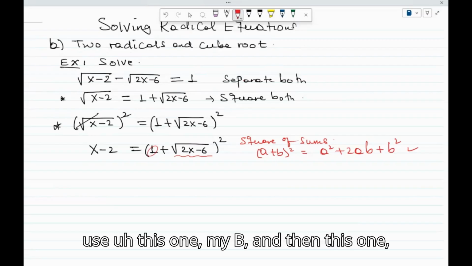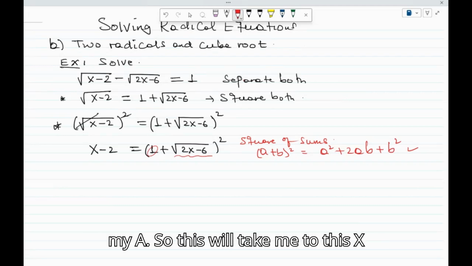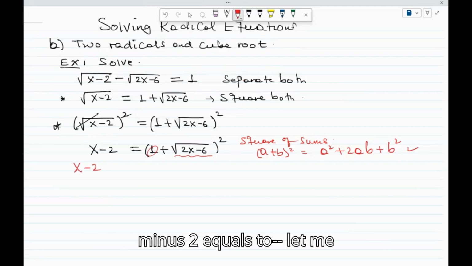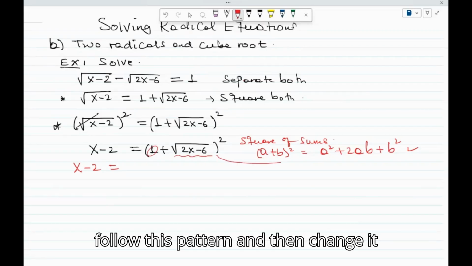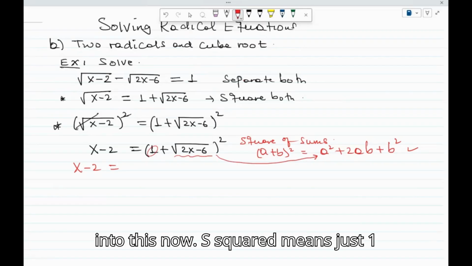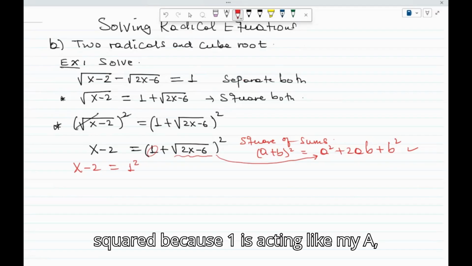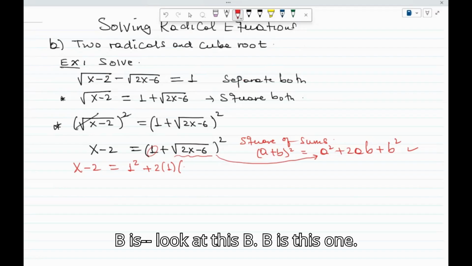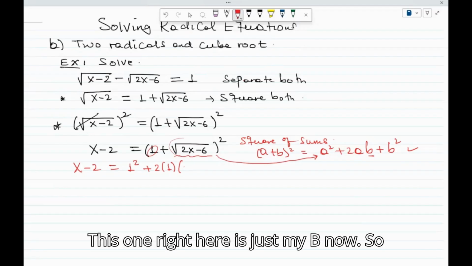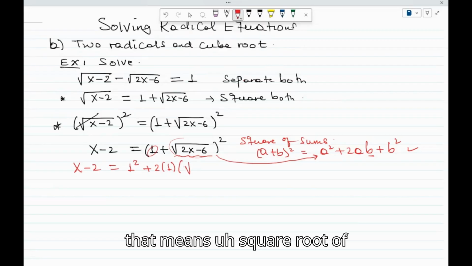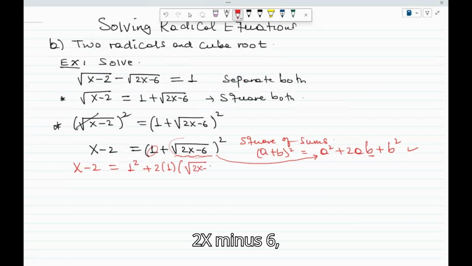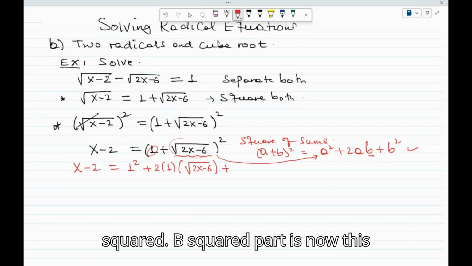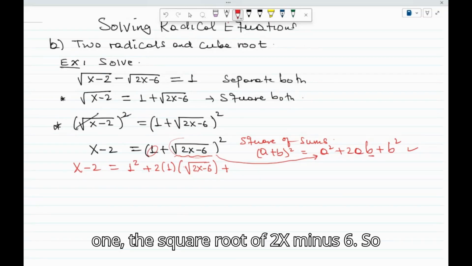So this will take me to x minus 2 equals, following this pattern, a squared, which is just 1 squared because 1 is acting like my a, plus twice a, which is just 1, times b, which is the square root of 2x minus 6, plus b squared. The b squared part is now this one, the square root of 2x minus 6.